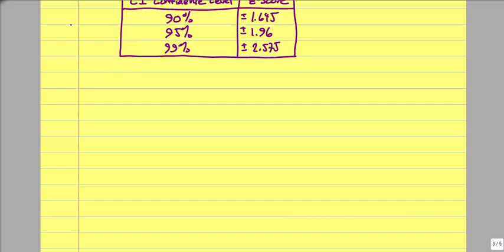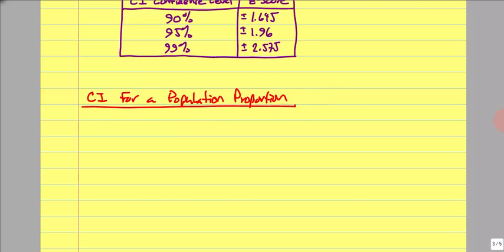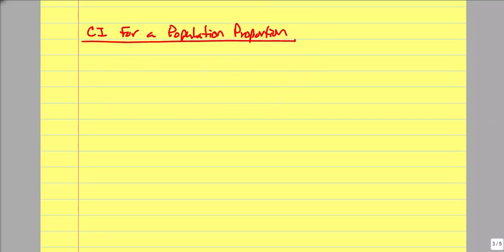Okay, so kind of working back toward the confidence interval, let's go ahead and start talking about the confidence interval for a population proportion. Now, the correct interpretation of a confidence interval is trying to come up with an interval that will capture the true population proportion. That usually means a percentage of some sort.